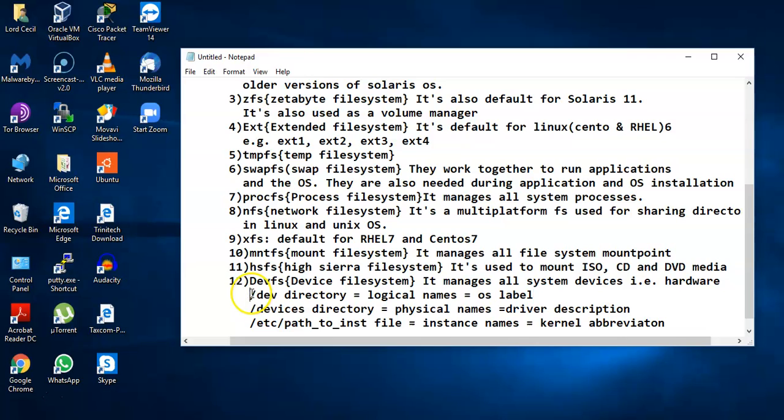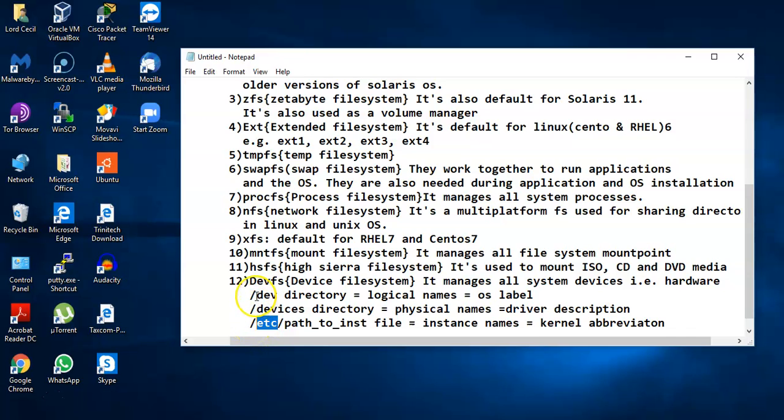These are the two directories. The first one is /dev and the second is /devices. This slash is like root, then dev, then root, then devices. And the file is path_to_instance, which is inside the /etc directory.